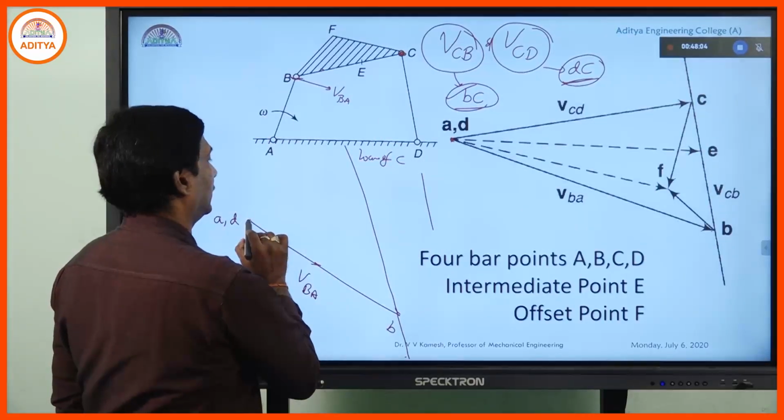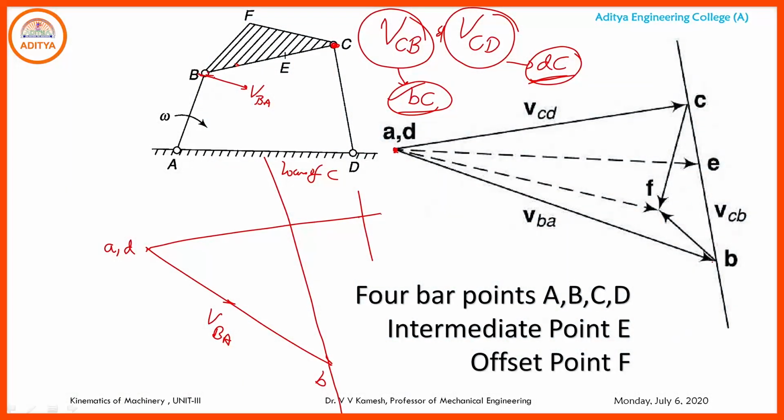So, drawing a perpendicular line, this is the CD extended line. Perpendicular to this, I need to draw a line. This line is again called the locus of C. Here also, to the left extension I can make as a procedure. We are making to the left and right here, locus of C. This is also the locus of C.